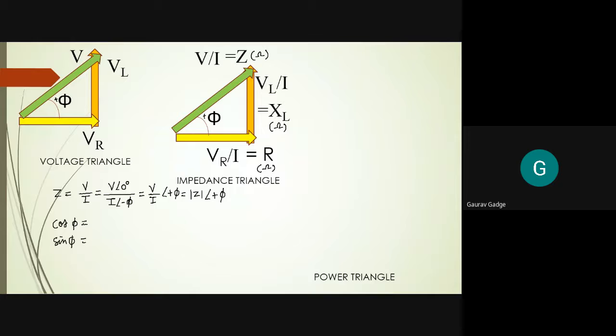Quick. Anyone? Okay, what is cos of angle? Trigonometric equation. It is adjacent side upon hypotenuse.